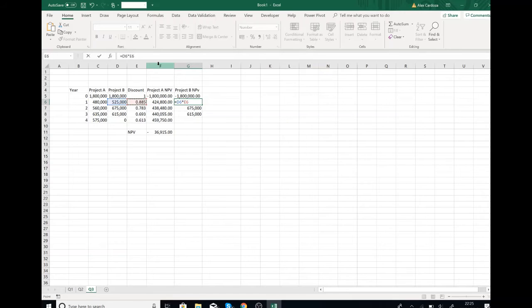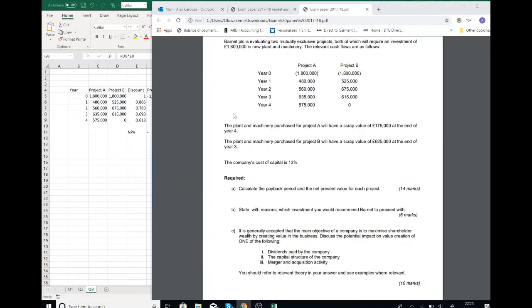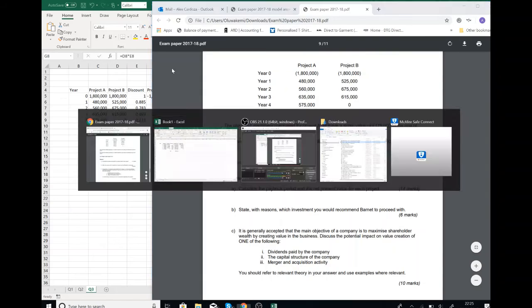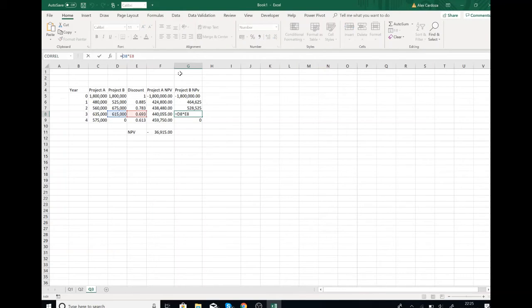You just times it all again. Drag it down. Don't forget at the end of year 3, the machine's got a scrap value of 675, so just make sure you add that in to year 3. Plus 625, 1, 2, 3. Sum that up.